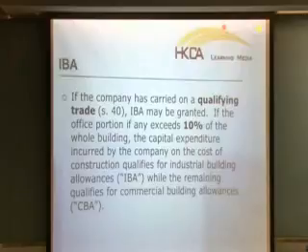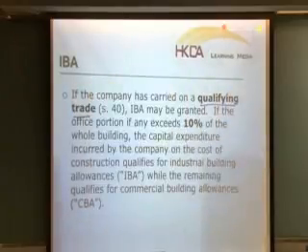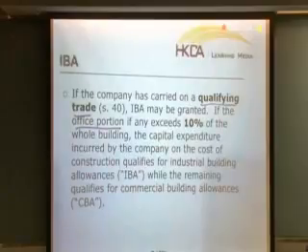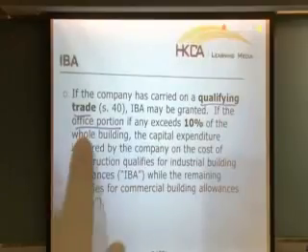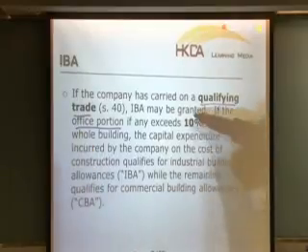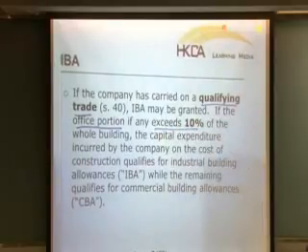In some circumstances, if you satisfy the industrial building allowance criteria, so-called qualifying trade, however, part of the building is office, there is some concession as long as the part, the office portion or the CBA portion, does not exceed 10%. Then you can claim the whole building as industrial building.